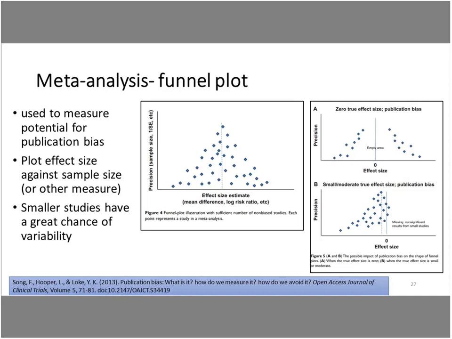So this could be that they decided to just limit to peer review. And then for the A, this is where they might be missing some studies. And this is what it would look like if the true effect size was 0.